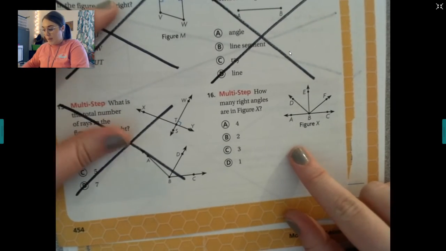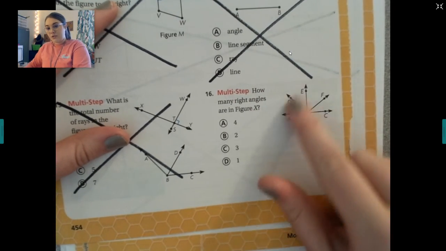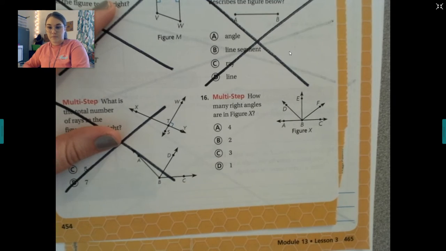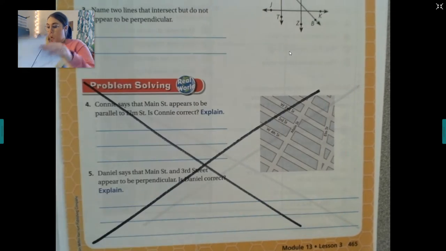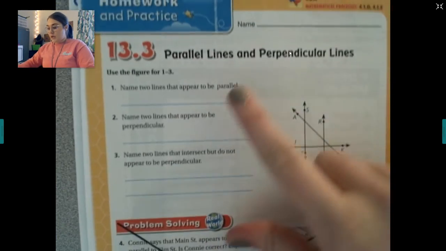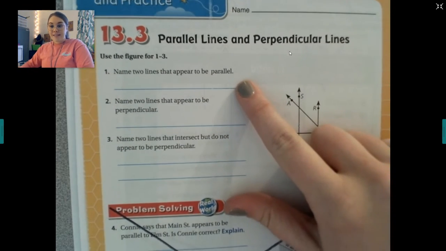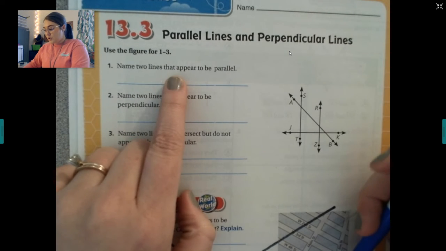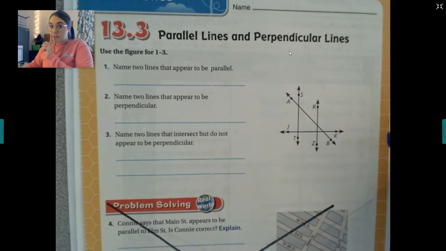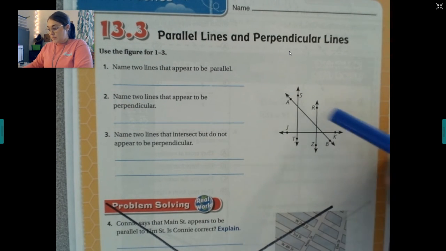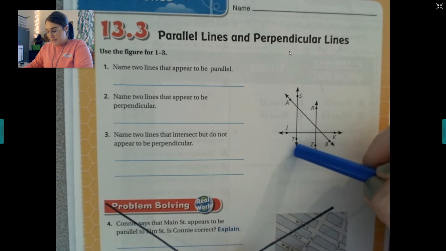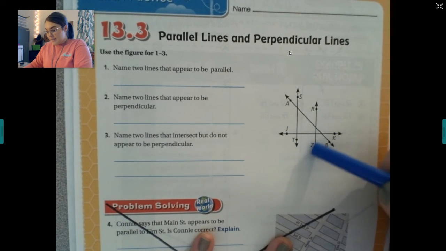Then you are going to answer number 16 on the back. How many right angles can you see in this figure? Right angles make an L. And then you're going to tell me parallel, perpendicular. This is what we're working on. 2 lines that are parallel, to name 2 lines, you would remember those lines' names would be ST and RZ.